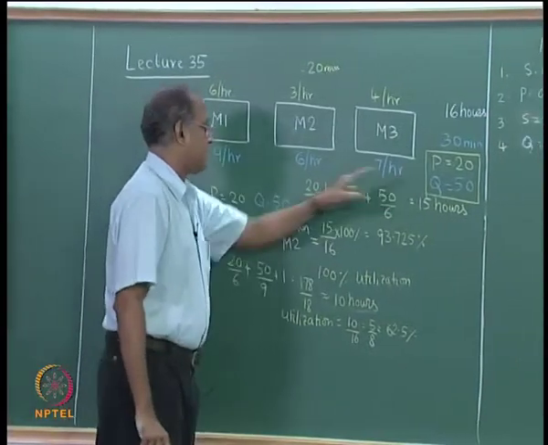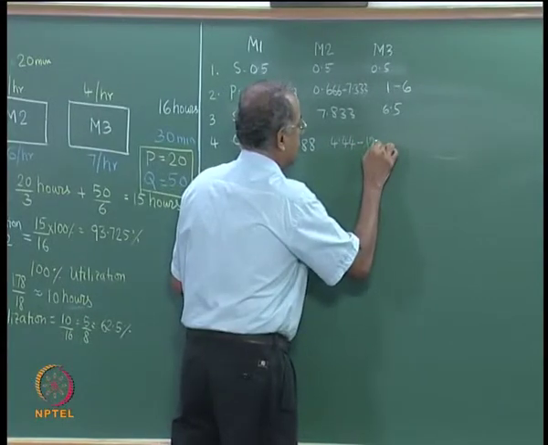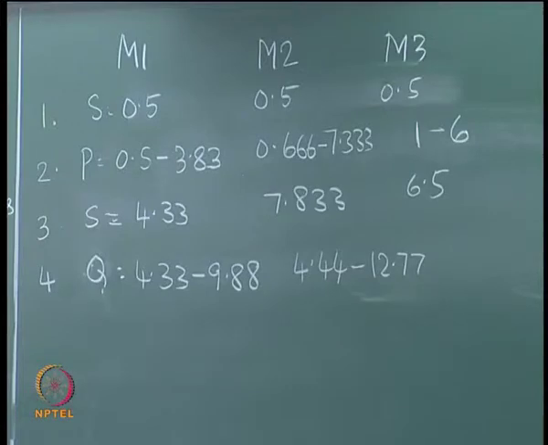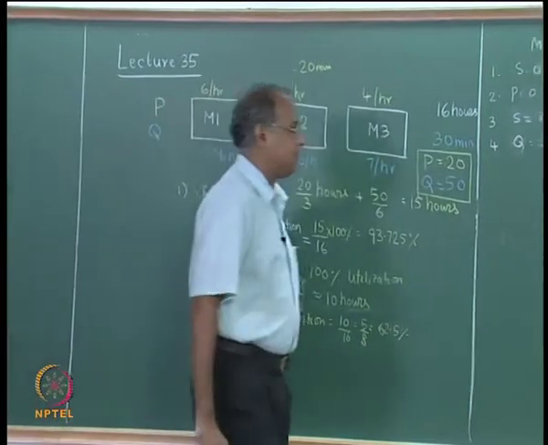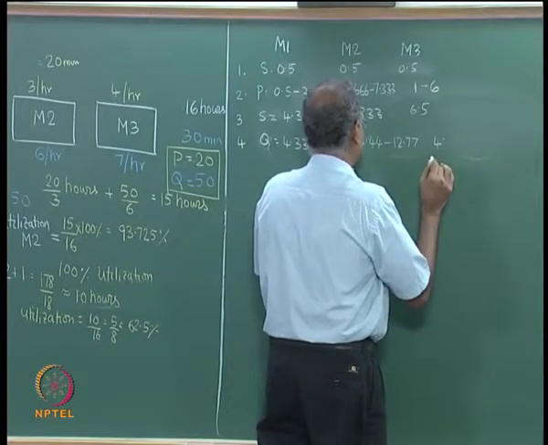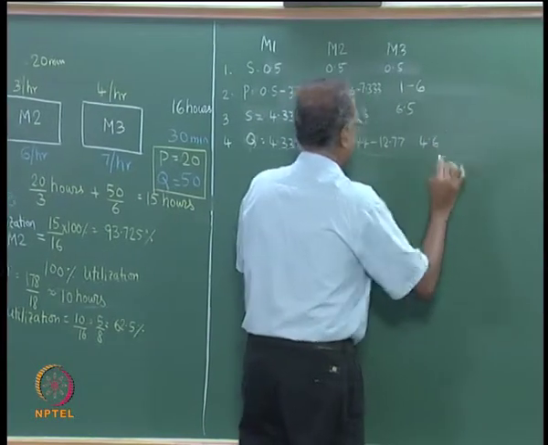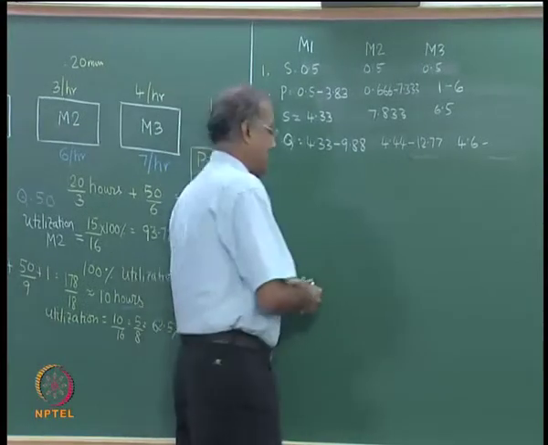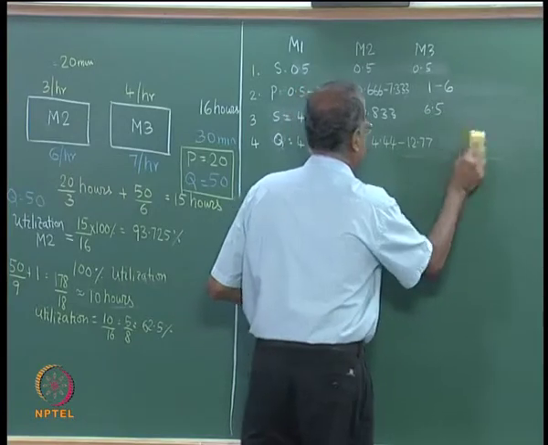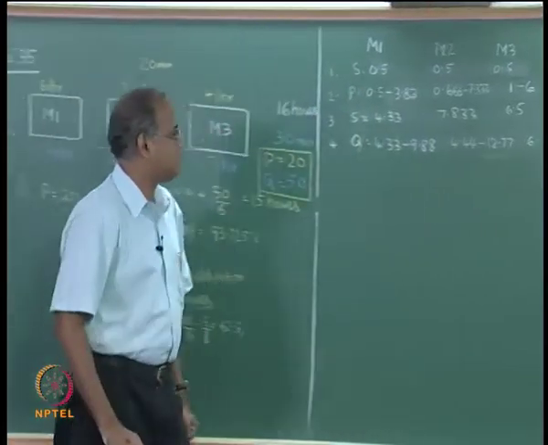Now, the bottleneck will take another 8.33 hours. So, 4.44 plus 8.33 is 12.77. The first piece will take 0.166, so this will become 4.44 plus 0.166, roughly 4.6, but this is available only at 6.5.